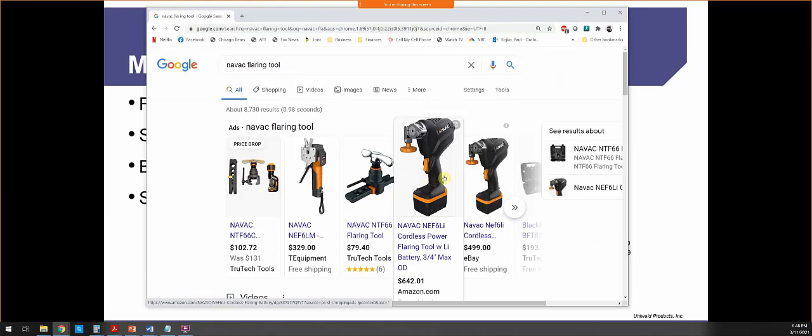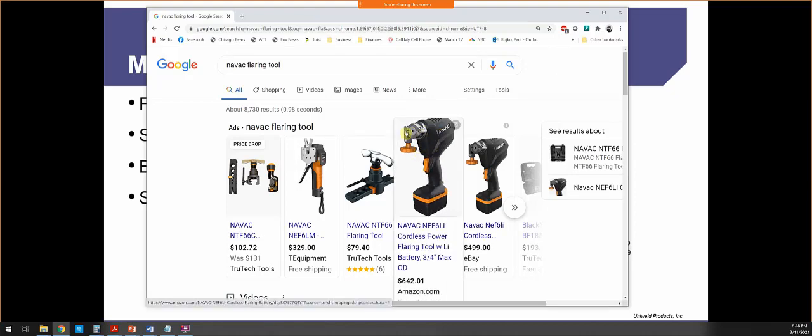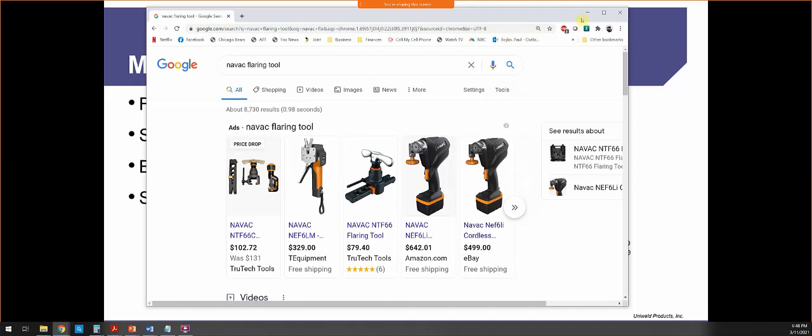You can get it a little bit cheaper than the 642, but real simple. You just put this little front piece onto the copper, you twist on the gun, you press your buttons, and you're done. Takes you literally 30 seconds as opposed to this guy, which will probably take you like 5 minutes to do. And if you're doing tons of flares, that adds up very quickly.